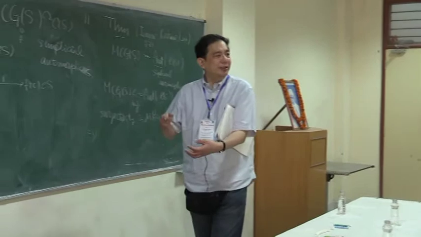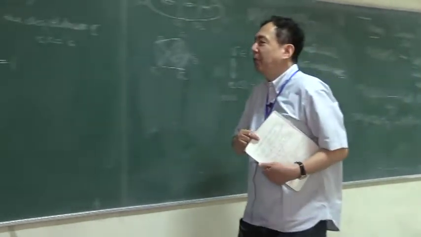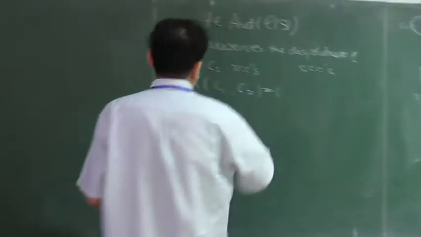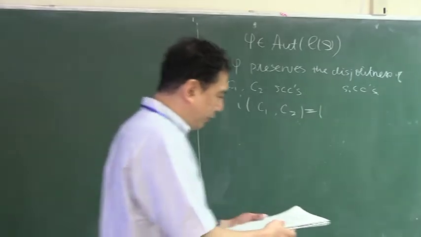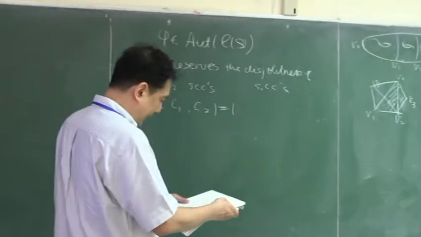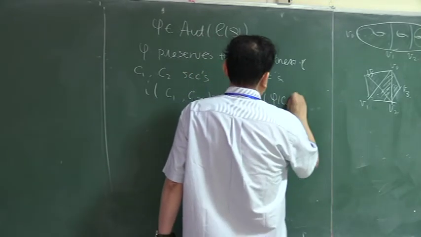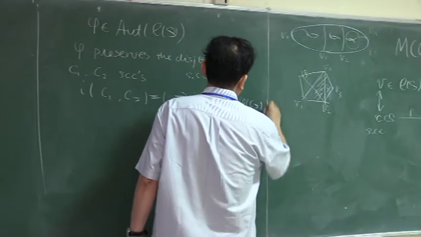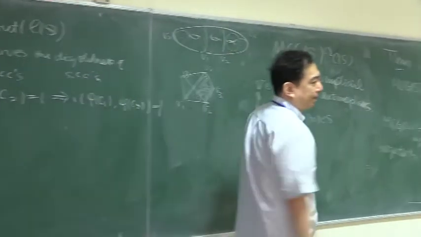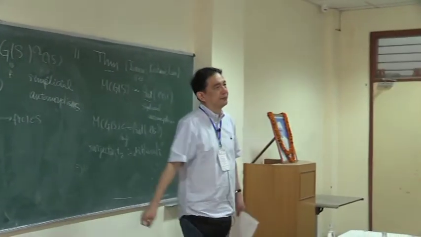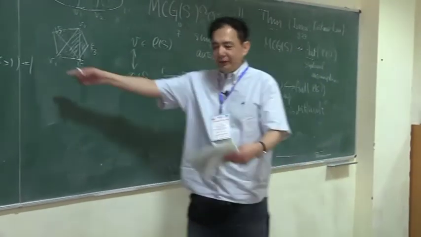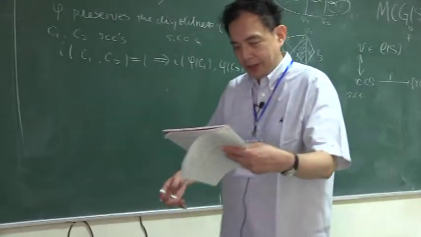That's the intersection number. So suppose the intersection number of these two curves is equal to 1. Then this condition should be preserved by phi.